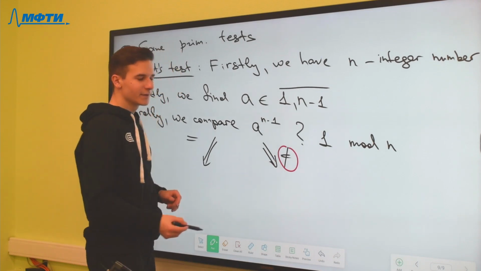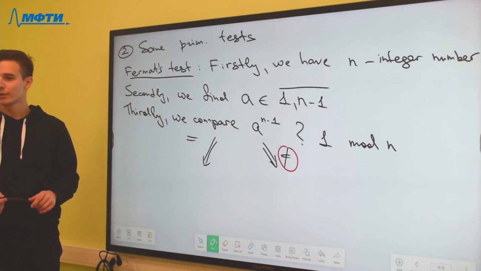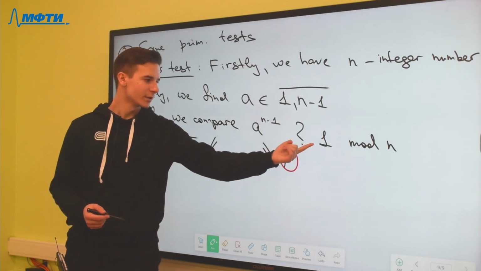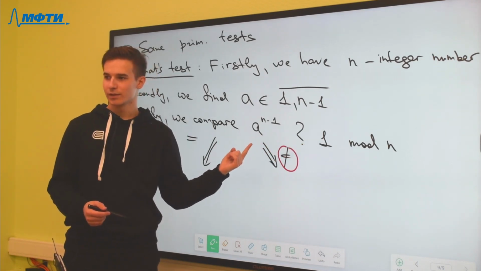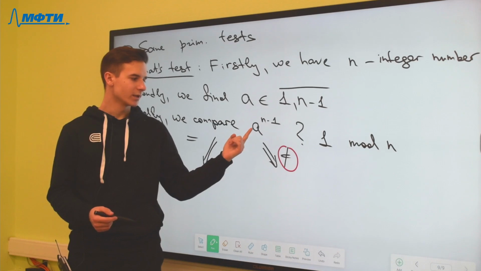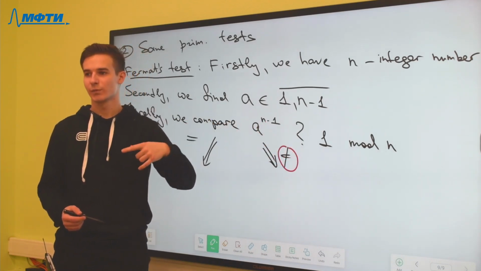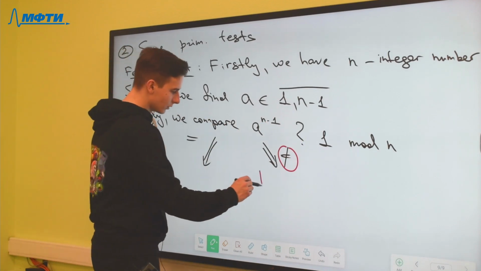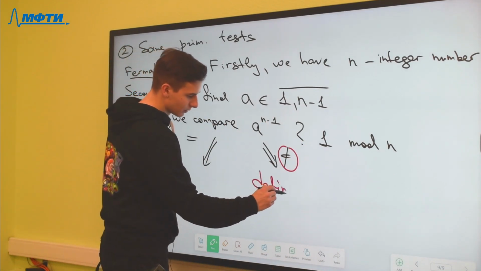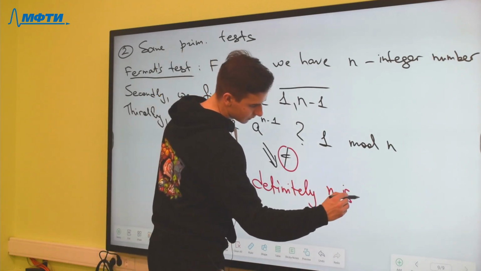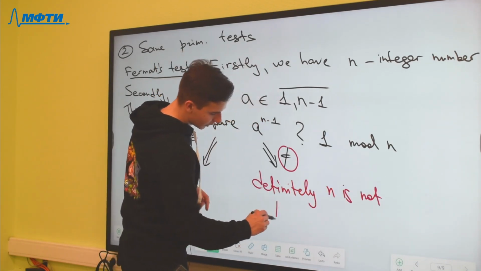Because we know that for each prime number n, we get equal numbers here and here. And if we find such an a that it is not equal, then we say that n is not a prime number. Definitely.